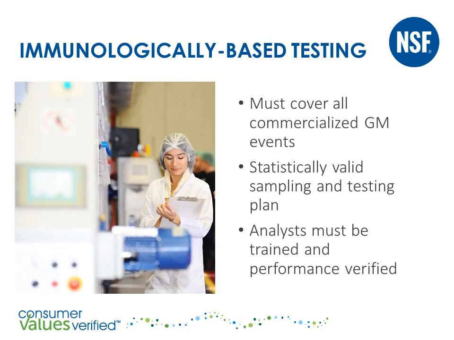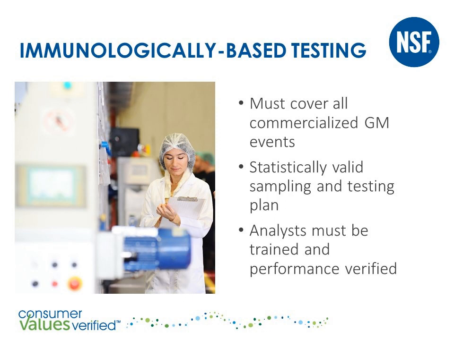So in cases where lateral flow strip tests are suitable, and this would be for animal derivatives or animal feed, they must cover all commercialized GM events for the crops in question, and they must have a statistically valid sampling and testing plan, and it should be designed on the basis of risk assessment for the production handling system and shall reflect the level of monitoring appropriate for the risks inherent in the handling system.